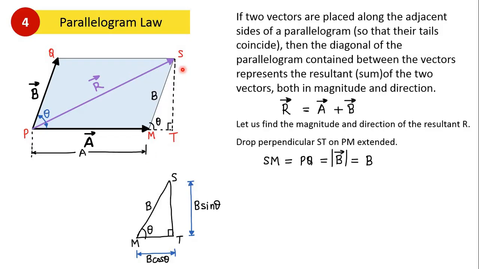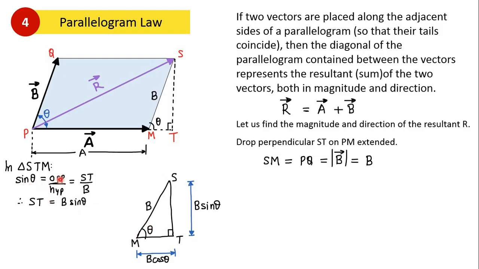Now, what about these lengths, ST height and the MT base length of this triangle SMT? So we have constructed the triangle SMT here, and we will prove that the height is B sin theta and the base length is equal to B cos theta using trigonometry. So in the triangle SMT, write down the sine of this angle theta.